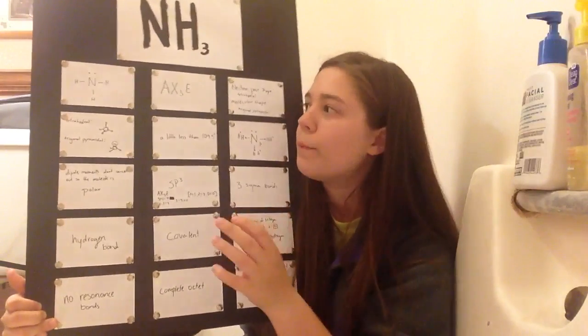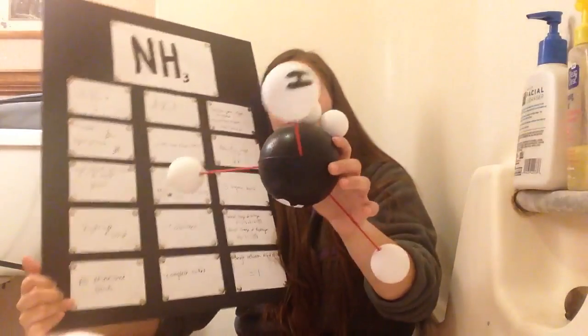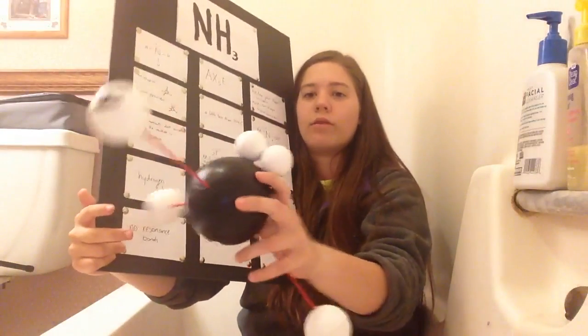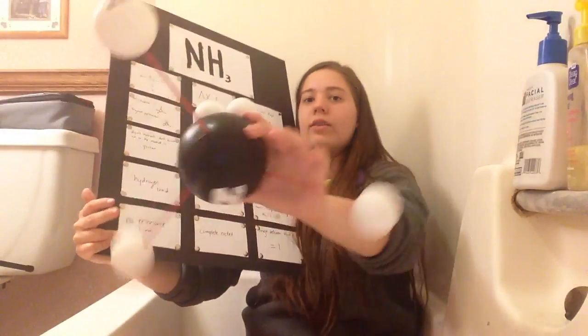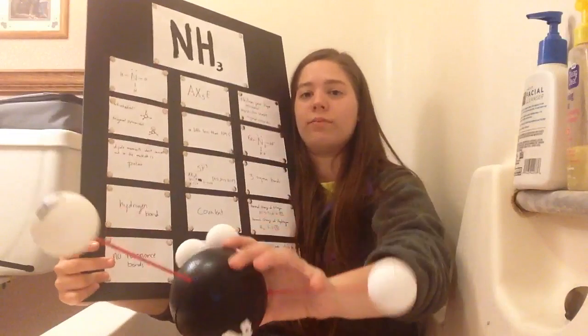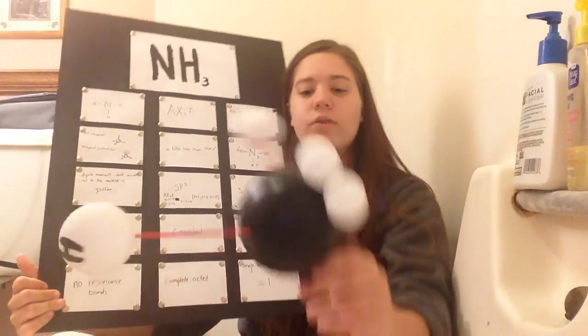You have the model here, and they're all pulling away from the central atom, but they don't cancel each other out. They're pulling it a certain way, like pulling it down. If there were just 2 in a straight line, they would pull against each other and cancel out, and so it'd be nonpolar. But since these don't cancel each other out, it is polar.